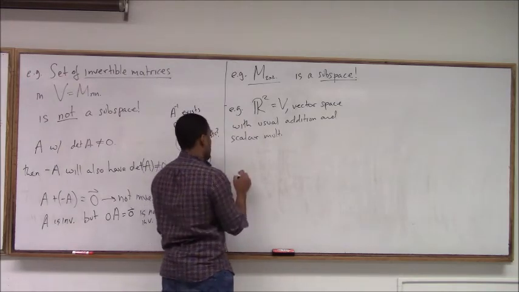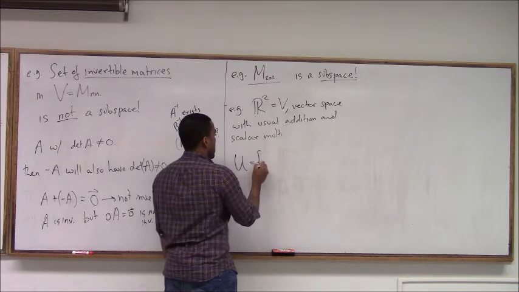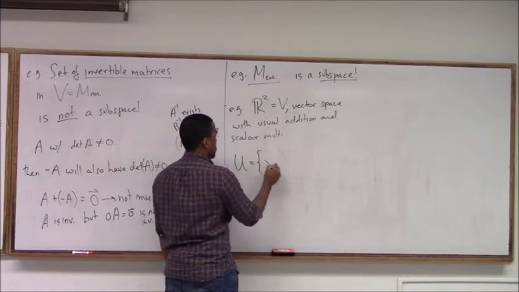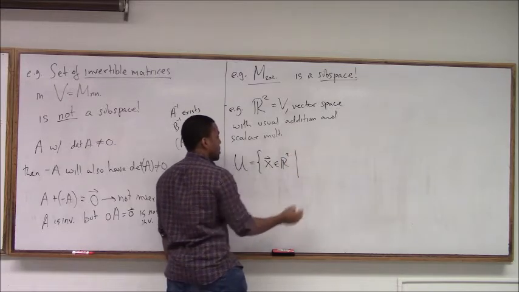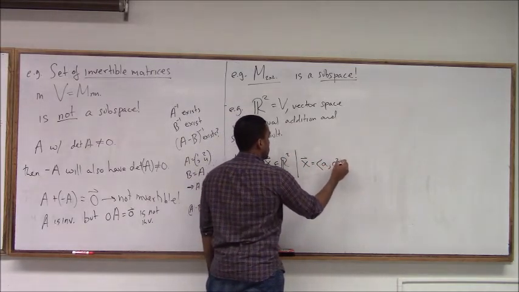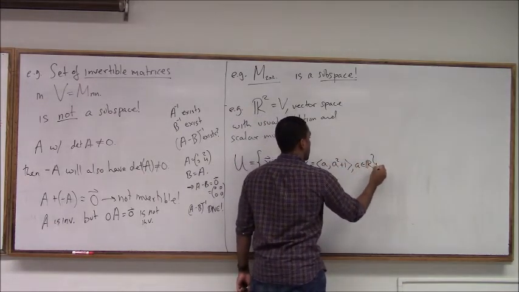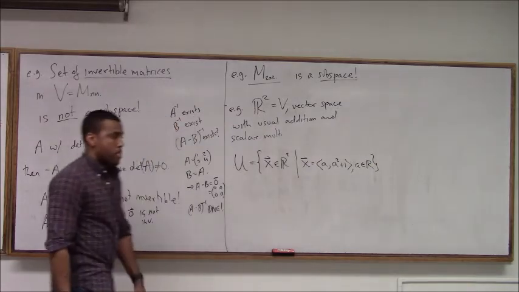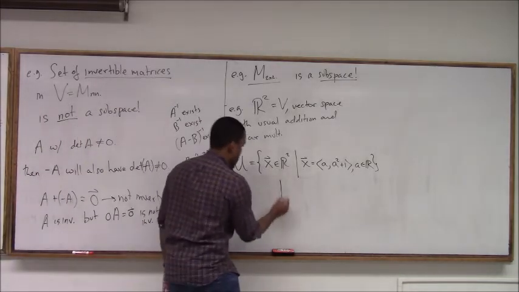And so let U equal the set of all vectors in R2 such that it has this form. Does the set of all such vectors form a vector space?